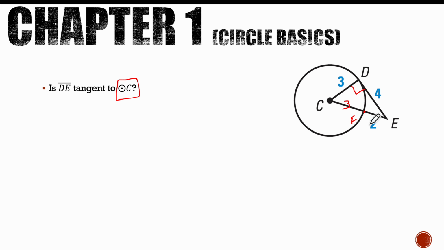If it is 90-degree, then it is a tangent. So 3 square plus 4 square, 9 plus 16 is how much? 25. So the hypotenuse from Pythagoras theorem will be h equal to square root of 25, which will be equal to 5, and here the hypotenuse is 5, so 3 plus 2 is 5, which means DE is tangent to the circle with center C.